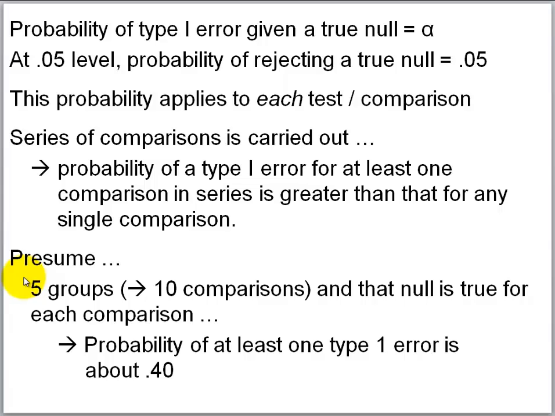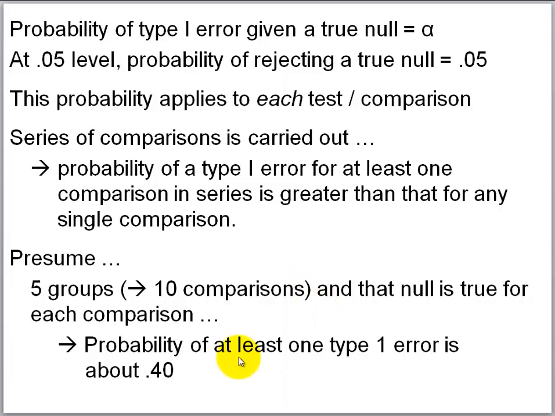Presume again that we have 5 groups. In this case, we need to carry out 10 comparisons. Now let's presume that the null is true for each comparison. Now, for any given comparison, for any individual test, the probability of type 1 error is 0.05.